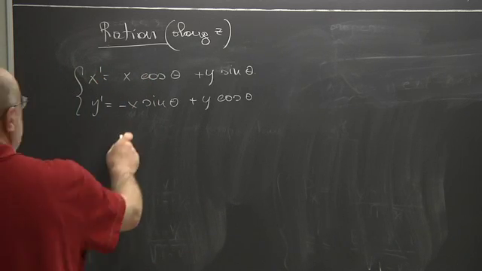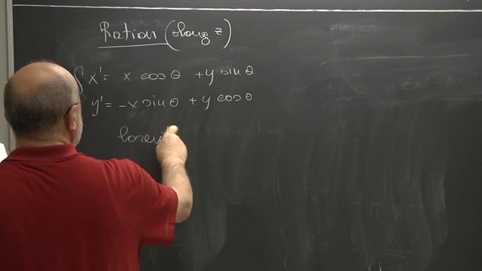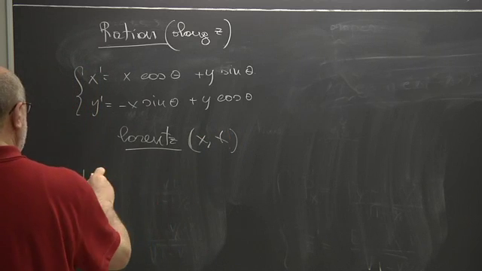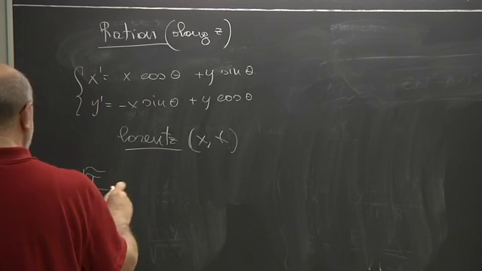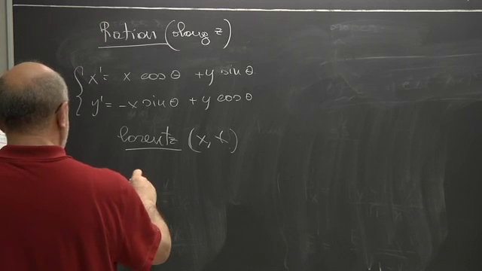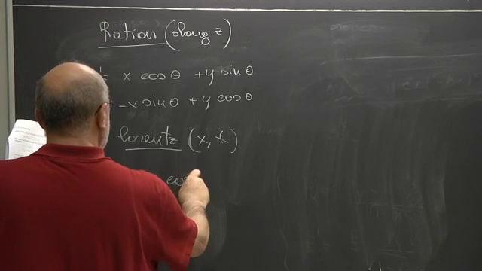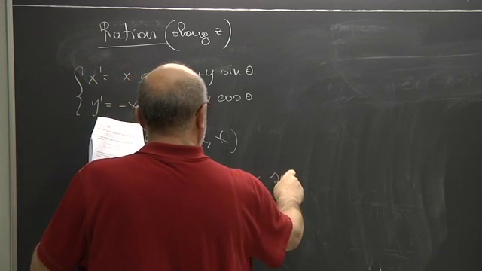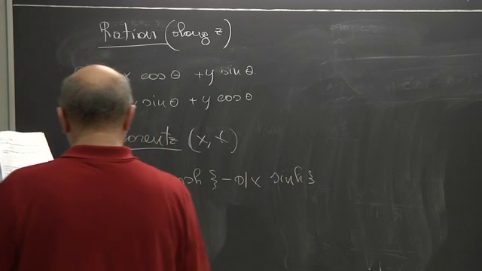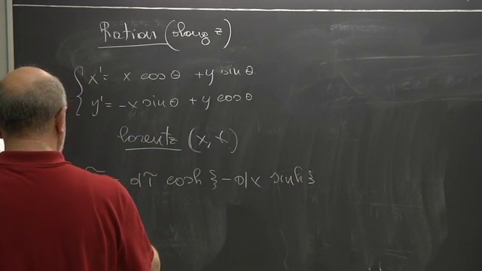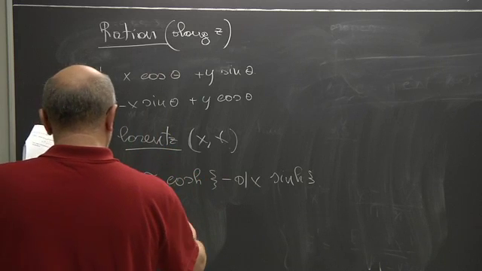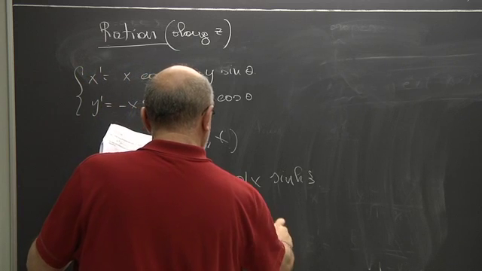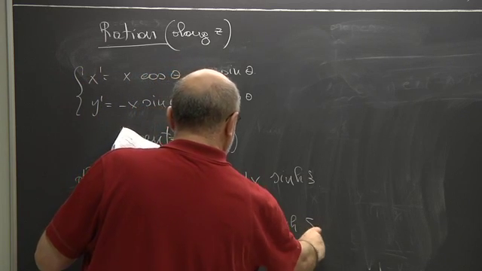The homework was: prove that for a Lorentz transformation in x and t, the transformation can be written in this manner, and I use a very fancy notation that is this: dt tilde equals dt cosh xi minus dx sinh xi, and dx tilde is equal to dx cosh xi minus c dt sinh xi.